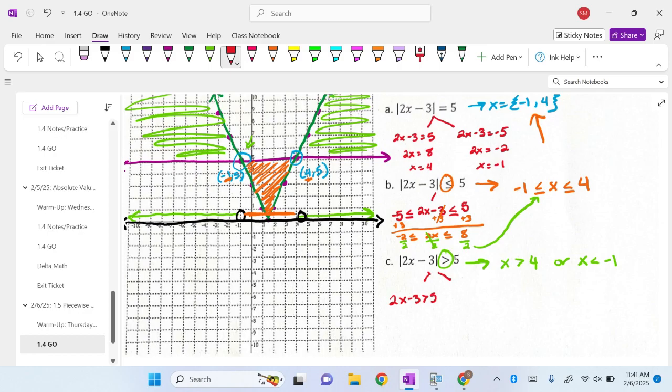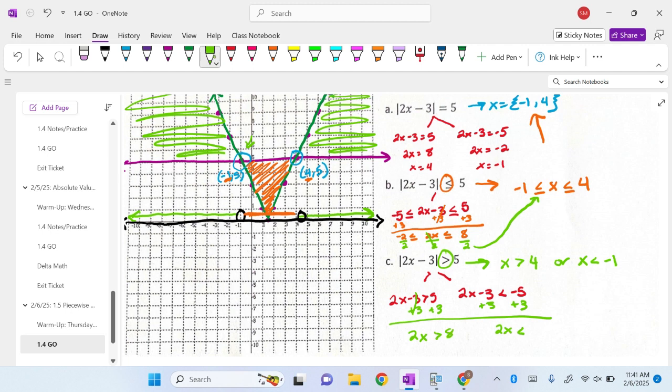Then write the 2x minus 3 again, but flip the signs of both the inequality and the number. So less than -5. Then just solve each inequality individually. I would add 3 to both sides. This goes away. 2x is greater than 8.